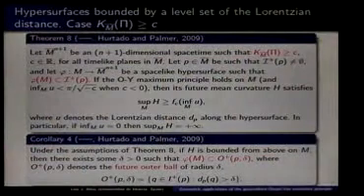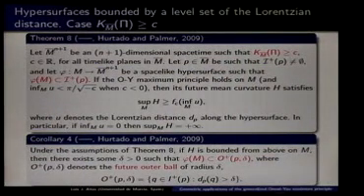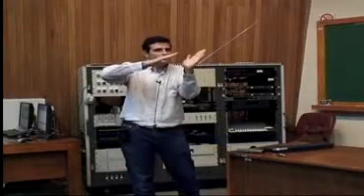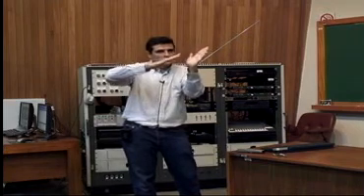So as a corollary, under the assumption of this theorem, if the mean curvature is bounded from above, then the hypersurface cannot approach the light cone. In other words, there exists some positive delta such that the hypersurface remains in the future outer bound.